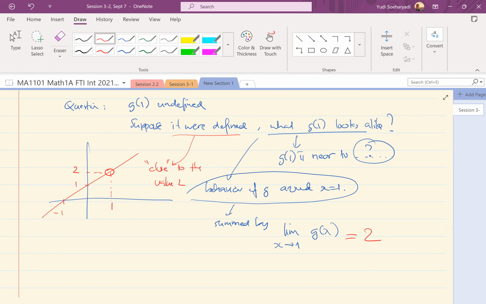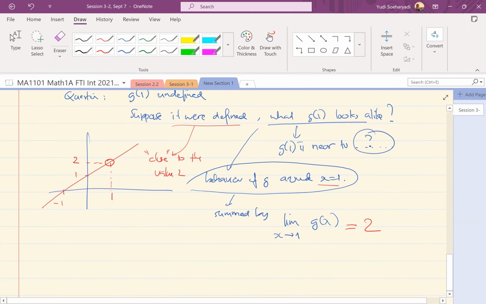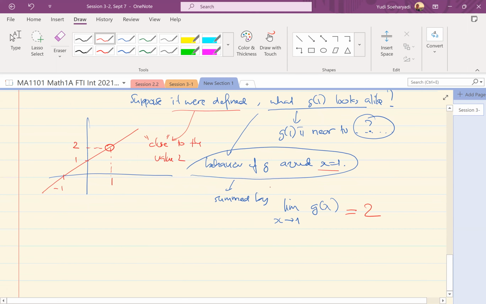Okay, so this basically gives an idea of what limit is. Limit is a value which is approached by the behavior of functions around some point. Okay, so the tendency of the functions around that point.